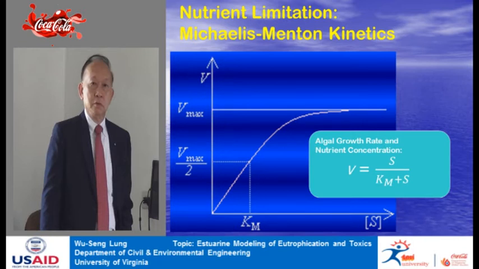Km is associated with that particular algae or phytoplankton. You see the interesting characteristic here. When S equals Km, this is 1/2. So this Km is called a half saturation constant. Half saturation, it's exactly 1/2.